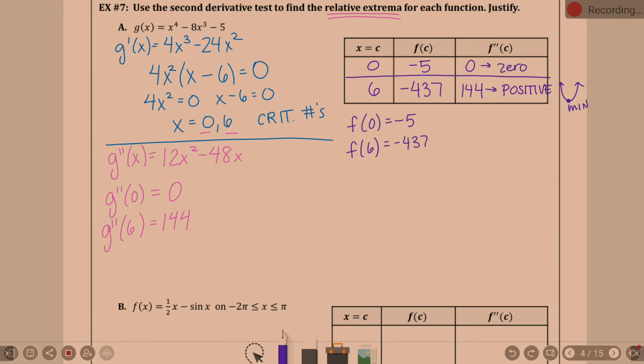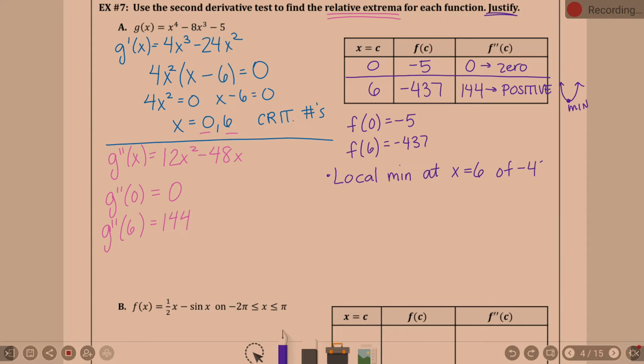Okay, so, fun word here. Justify. So, I will start with, there's a local min at x equals 6 of negative 437.